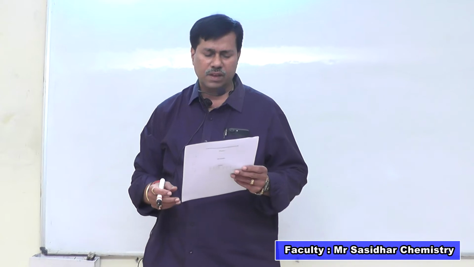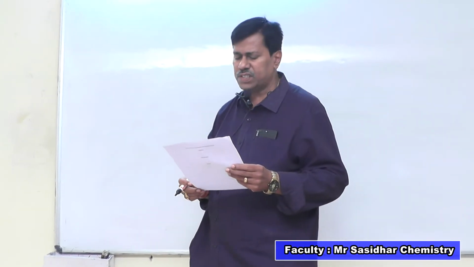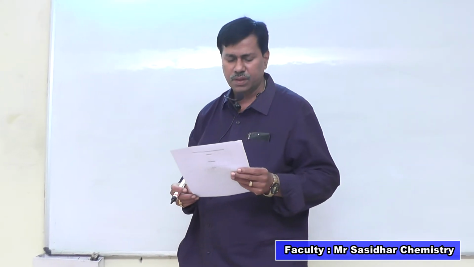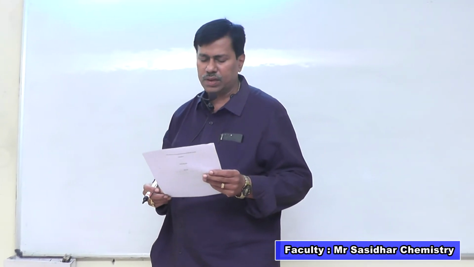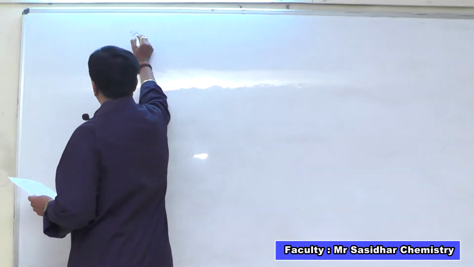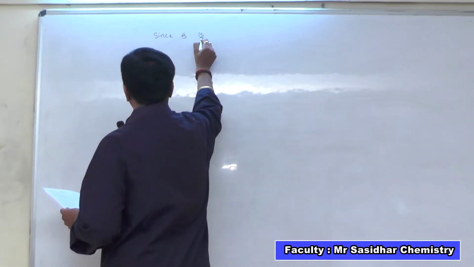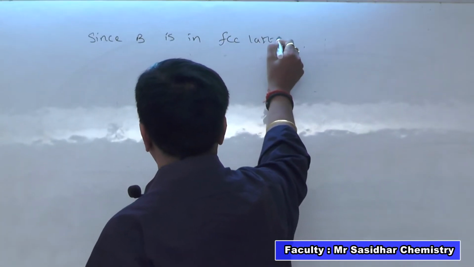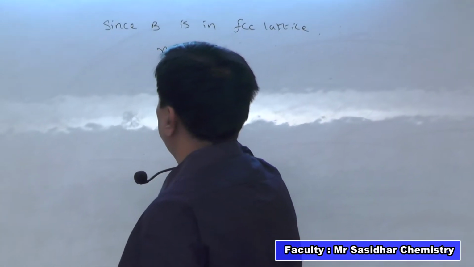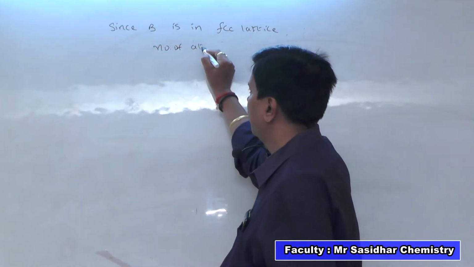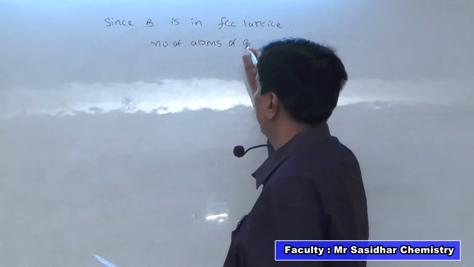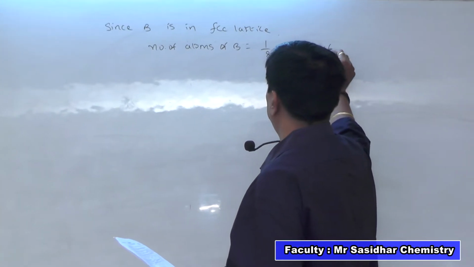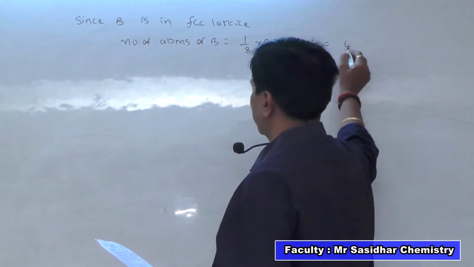The binary solid has atoms B constituting FCC lattice and atoms A occupying 25% of the tetrahedral voids. What will be the formula of the solid? Since B is in FCC lattice, number of atoms of B will be equivalent to 1 by 8 into 8 plus 1 by 2 into 6, that is 4.